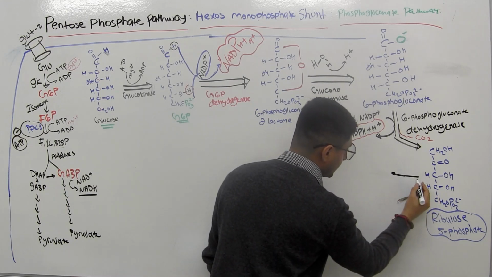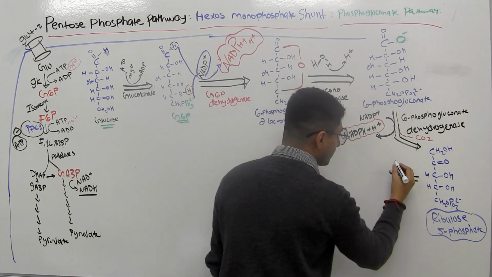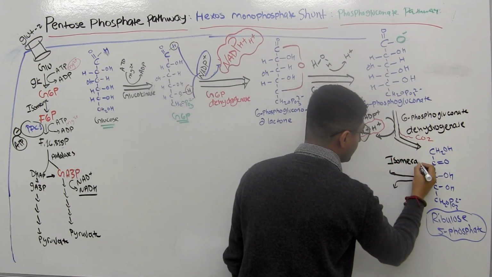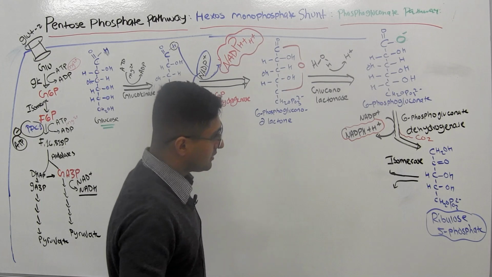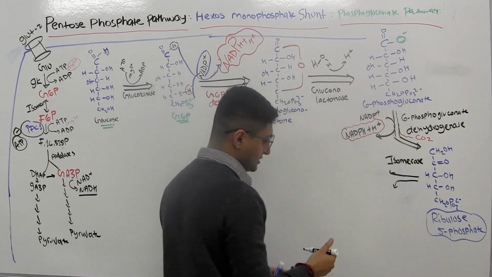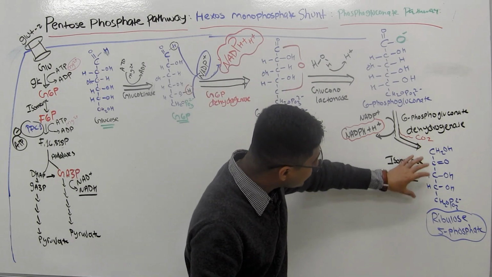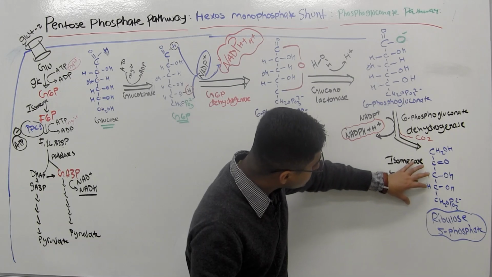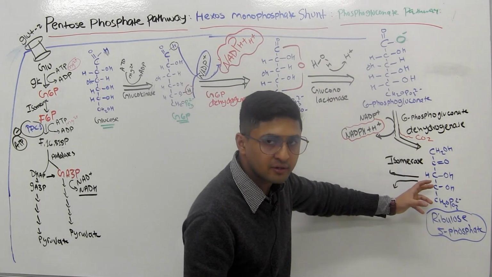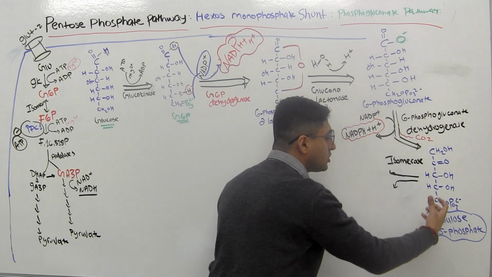So if I make it like this, one is called isomerase. What isomerase means is that it catalyzes the rearrangement of the bonds within this molecule.